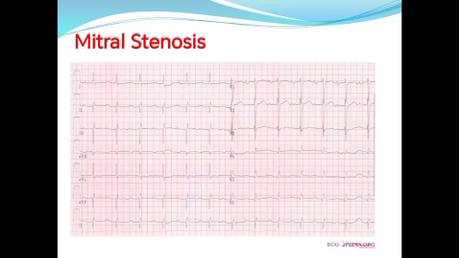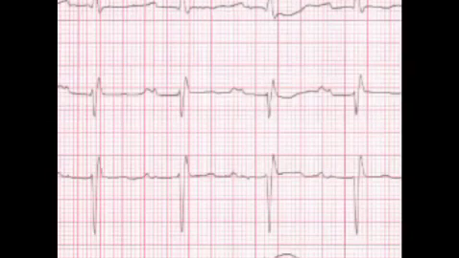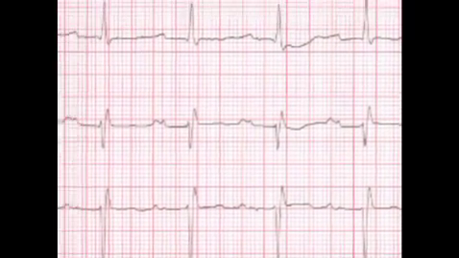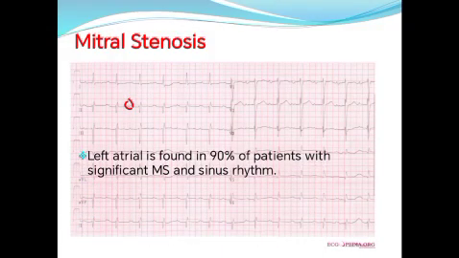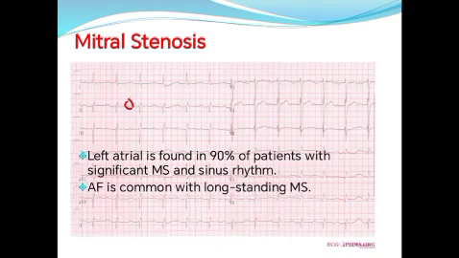In lead 2 here, this is lead 2, you see clearly we have a bifid P wave. This is a bifid P wave here. Bifid P wave, that is a P mitral, for example. That commonly occurs in mitral stenosis.